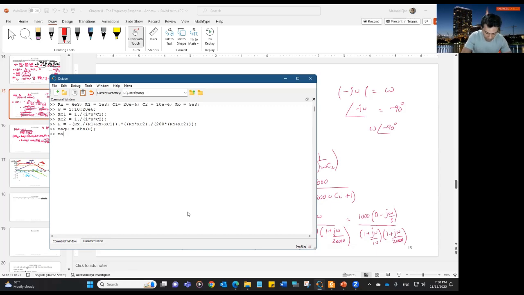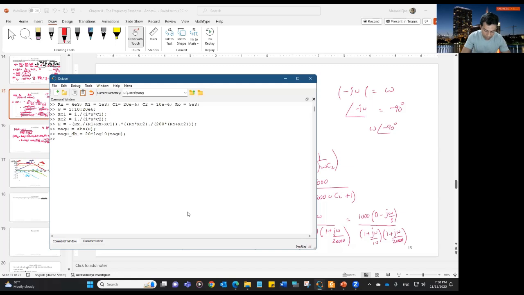So magnitude of H in dB is equal to 20 times log 10 of magnitude of H. So that's my magnitude in decibel.